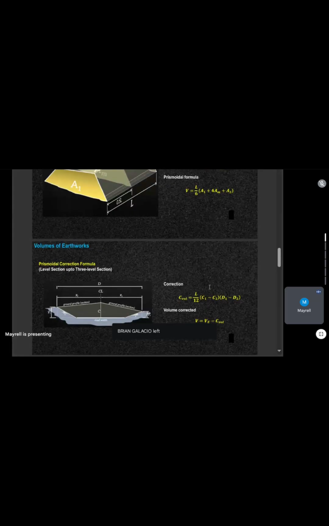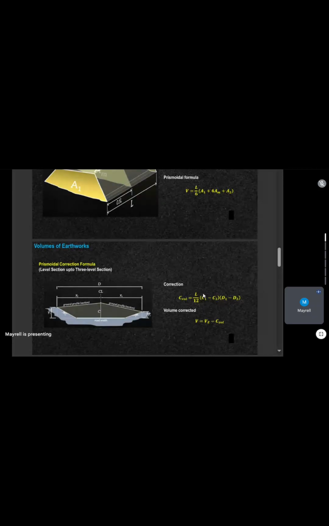So if you have here, this is your VE, right? Solve for VE, and then subtract the correction in volume. That's L over 12, the same L as here, times C1 minus C2. So for example, in area 1, you have C, this is the height at the center line. C1 is the C in area 1 and C2 is the C in area 2.